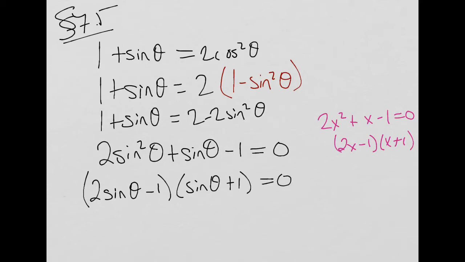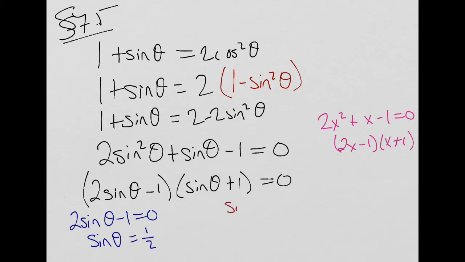And now, all I need to know is that one of these two pieces is equal to 0. So, if 2 sine theta minus 1 is equal to 0, sine of theta is equal to a half.